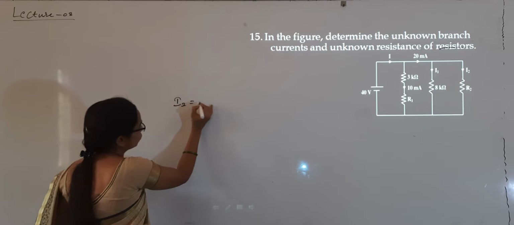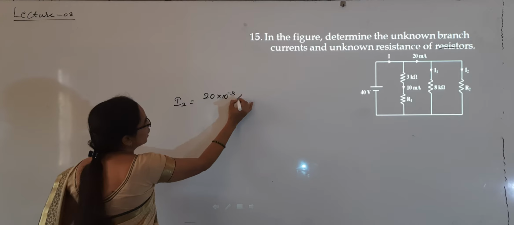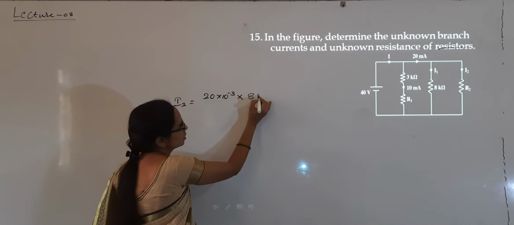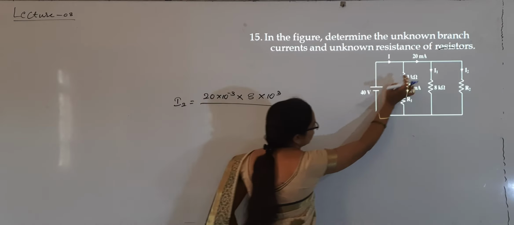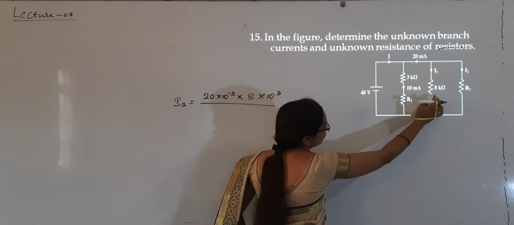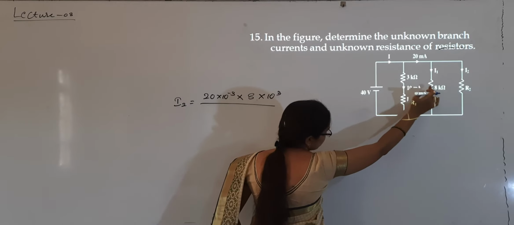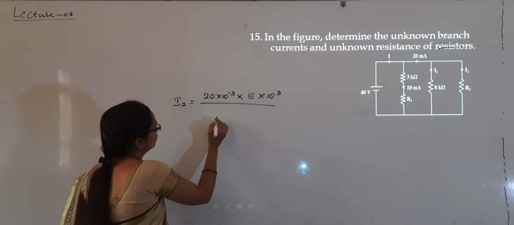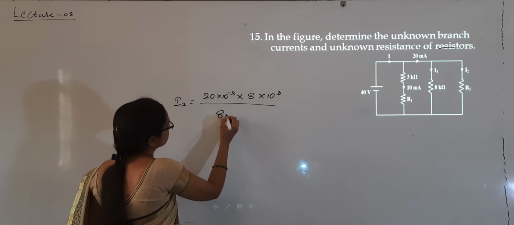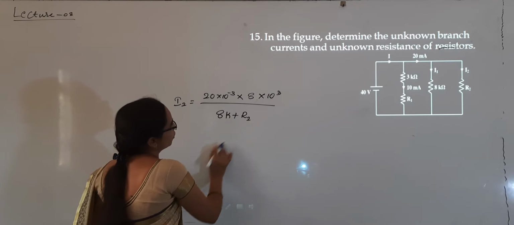I2 is equal to main current, that is 20 milliamperes, into opposite branch resistance, that is 8 kilo ohm, divided by 8 kilo plus R2.